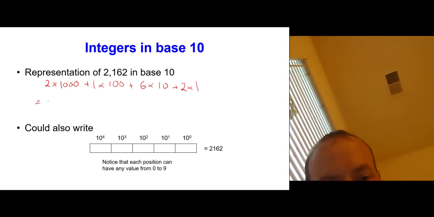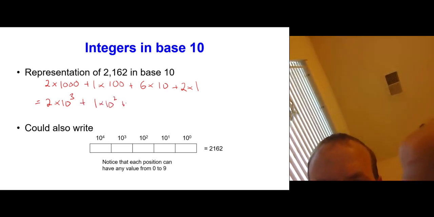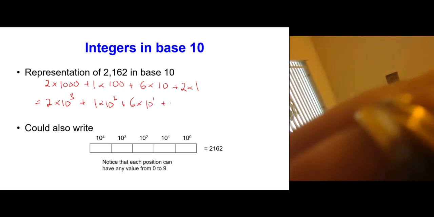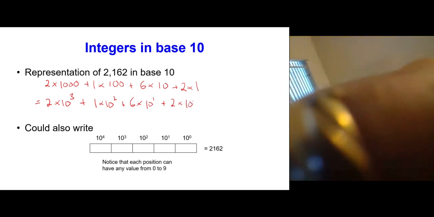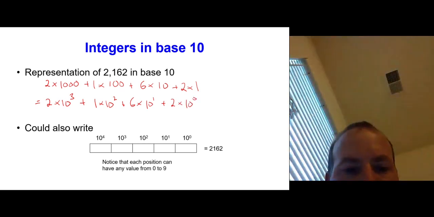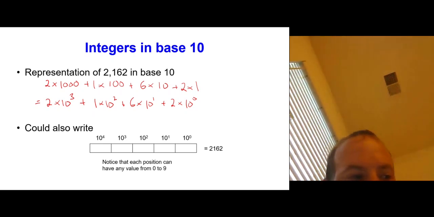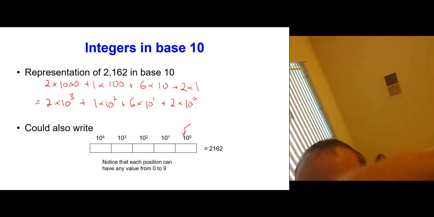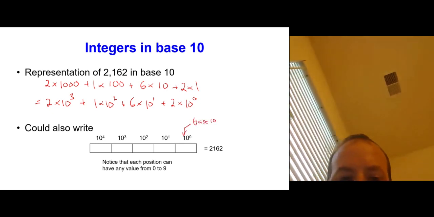And we can rewrite that as 2 times 10 to the 3 plus 1 times 10 to the 2 plus 6 times 10 to the 1 plus 2 times 10 to the 0. Okay, nothing fancy here. And we could also put this in more of a table format, as you see at the bottom, where because these are base 10 numbers, the numbers that you're used to thinking about, each of these bins can have any value anywhere between 0 and 9.